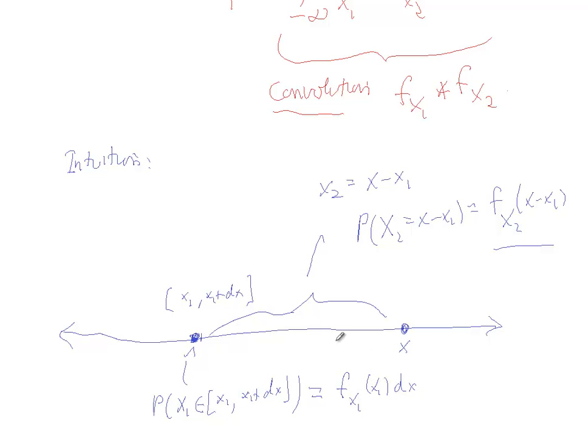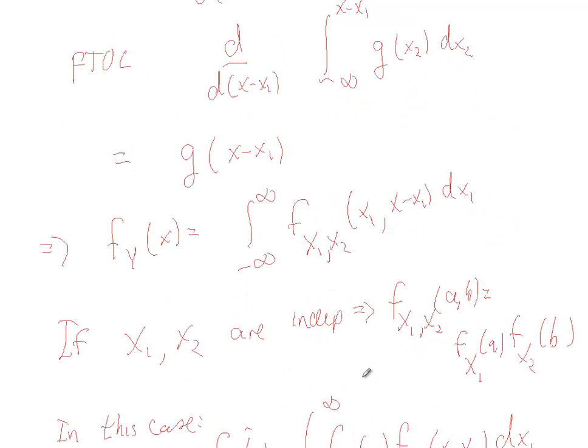Now I'm kind of sweeping under the rug this business about the dx's, but this is only supposed to give you some idea of why you pair the f_X1 of x1 with the f_X2 of x minus x1. So that kind of gives you an idea of the convolution formula, and that's how you find the sum.